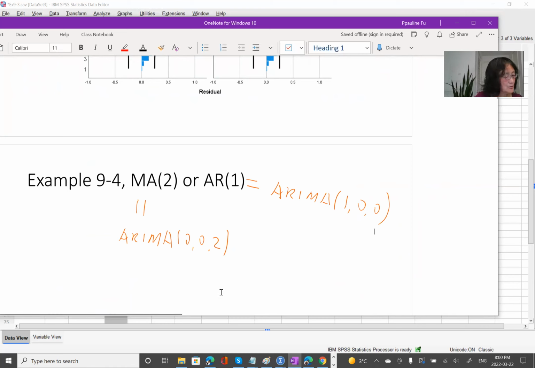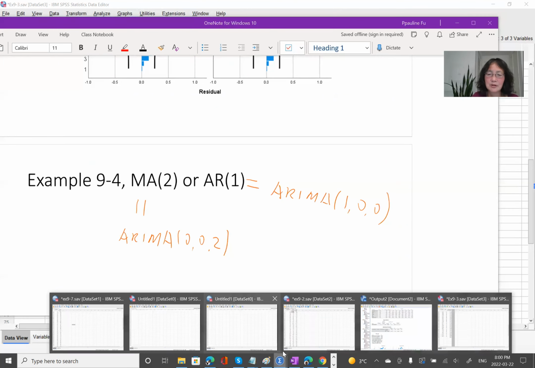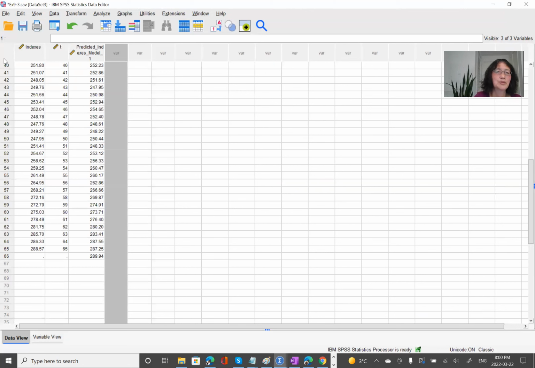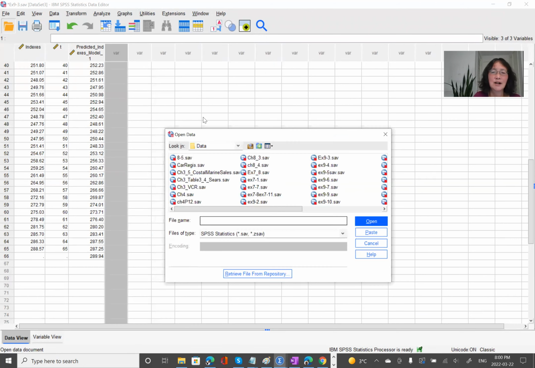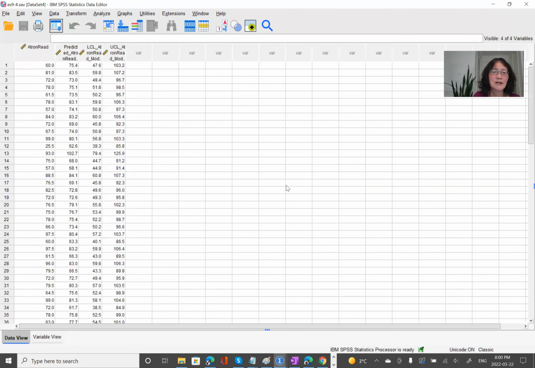Okay, so what is the data for 9.4? Let me see the data. So I'm going to point the data for 9.4 here. It is also available on Excel, this data file, okay?